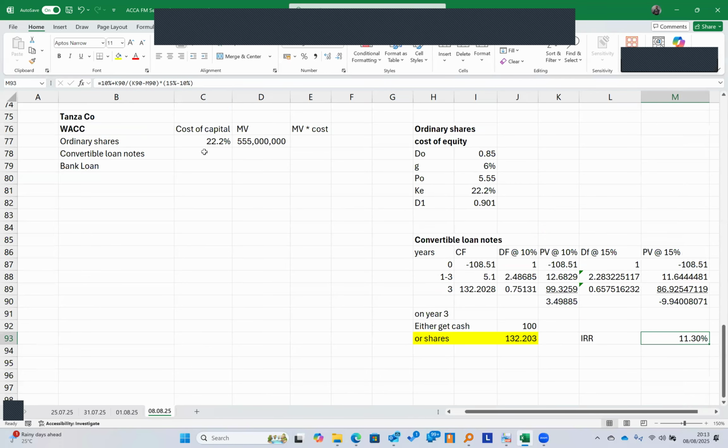Okay, so we can have the convertible loan notes at 11.3%.